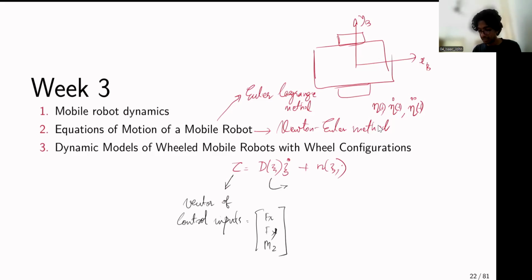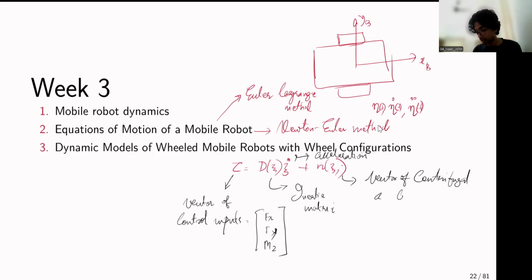And this matrix D is the inertia matrix. And this theta double dot is nothing but the accelerations along the u, v and r directions. And this n vector is called the vector of centrifugal and Coriolis effects.